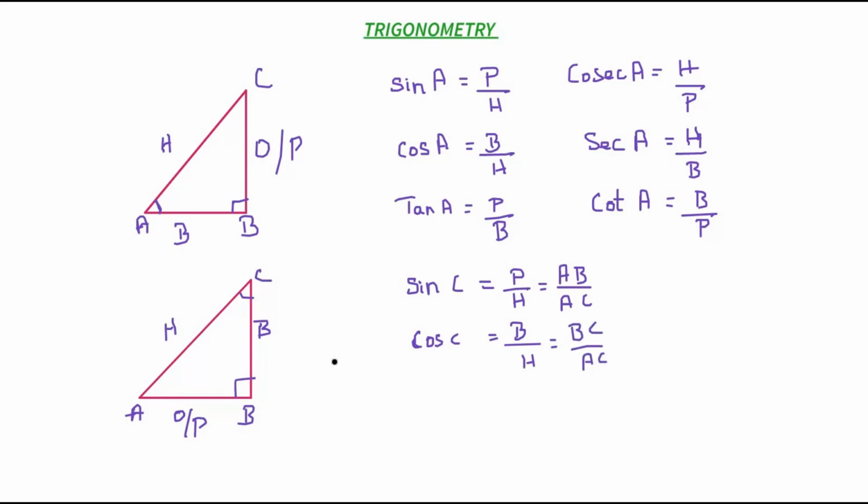It's the same, only the sides are changing. Now tan. What is tan C? Perpendicular by base. What is our perpendicular here? AB. AB by BC. Easy. And the reverse of this is cosec, sec and cot. I think you will be able to write that easily.